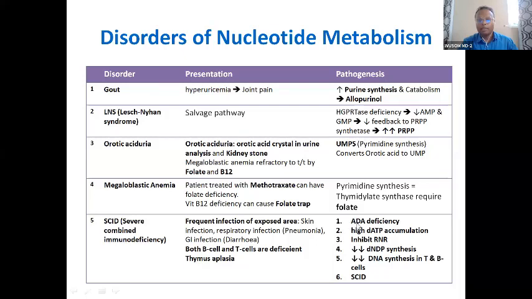You only have to remember the ADA pathogenesis, which is a very important part of this disorder. Remember all 5 points; they ask all of them in MCQs.